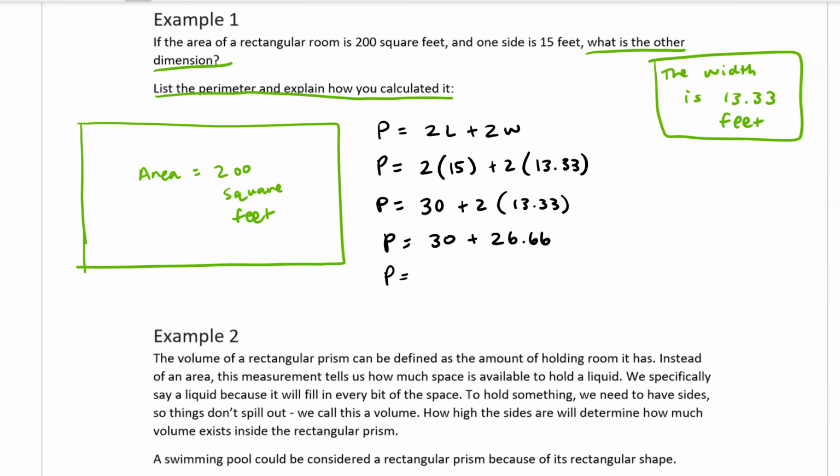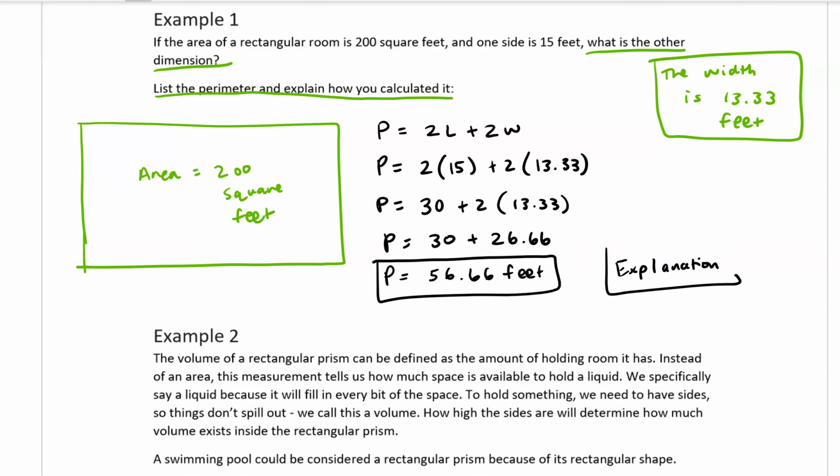And then if you add those values together, you'll get that the perimeter is equal to 56.66 feet. And so I will leave it up to you to write an explanation, maybe a sentence or two about how you go about calculating that. So I will leave that up to you to write out.